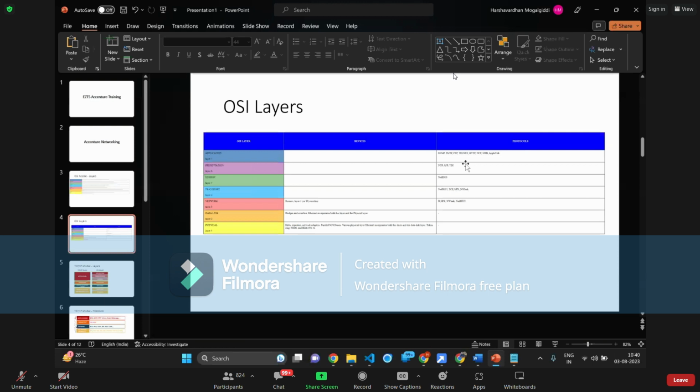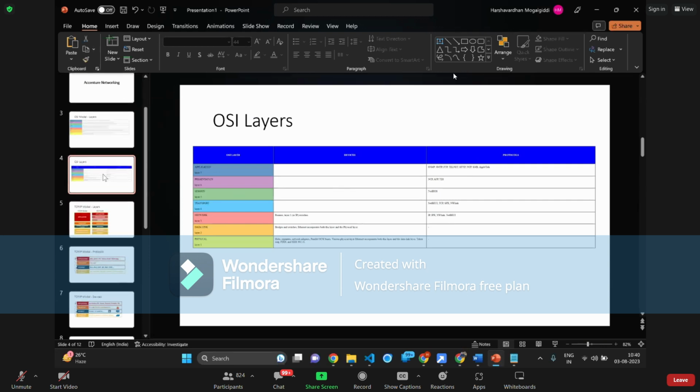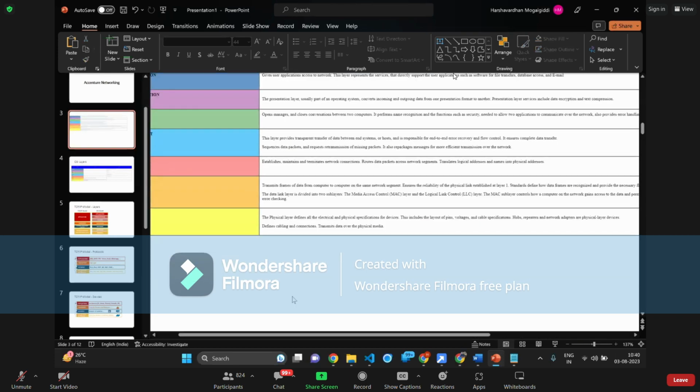Different protocols, each for each layer. So yeah, OSI. Can I call OSI done? Are we clear with everything? You want a screenshot for this?